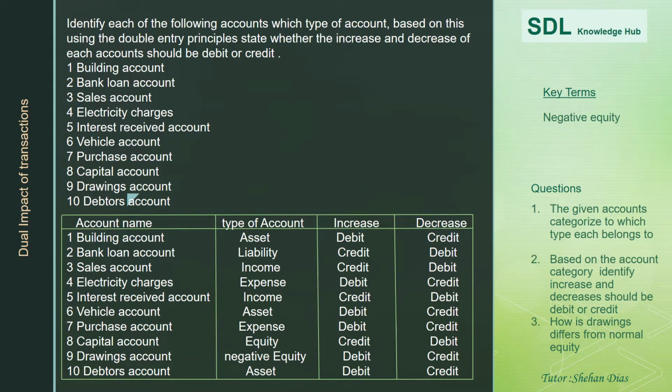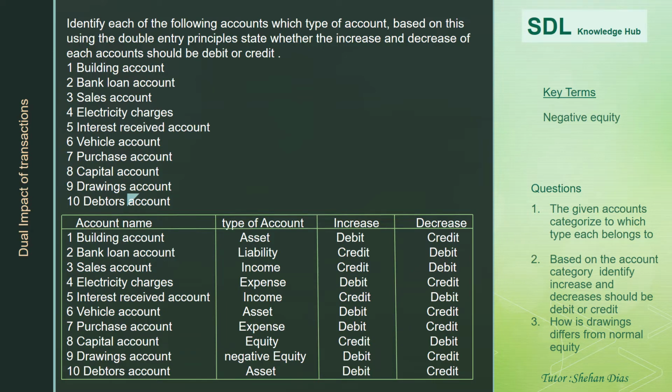Electricity charges is an expense account, increase is debit, decrease is credit. Interest received account is an income account, so therefore increase is credit, decrease is debit. Vehicle account is an asset account, therefore increase is debit, decrease is credit. Purchase account is an expense account, therefore increase is debit and decrease is credit. Capital account is an equity account, so increase is credit, decrease is debit.